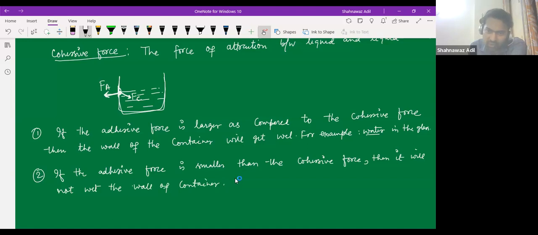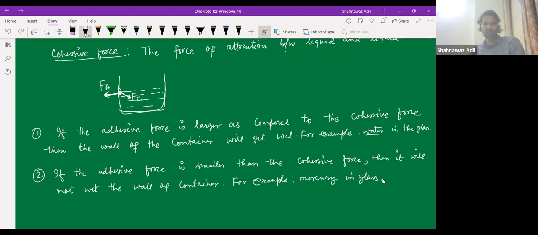For example, mercury in glass. You have seen that is why we use mercury to measure atmospheric pressure and all those things, because mercury doesn't stick to the wall of the container. That is why we use mercury.